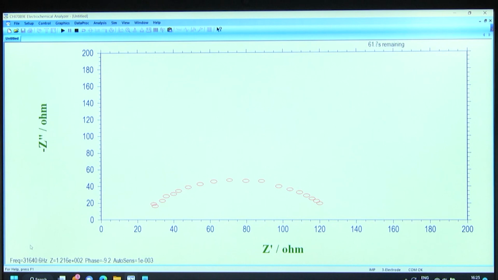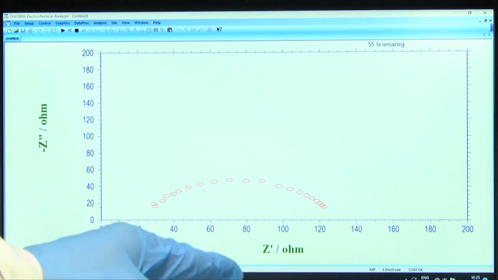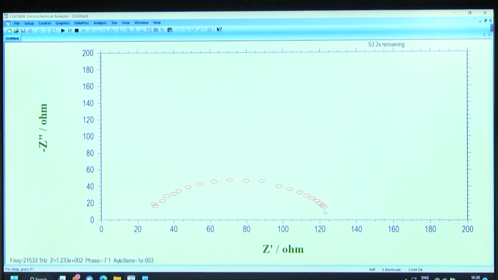You get a characteristic semicircular arrangement, and the difference between the x axis values corresponds to the charge transfer resistance associated with electron transfer across the double layer.